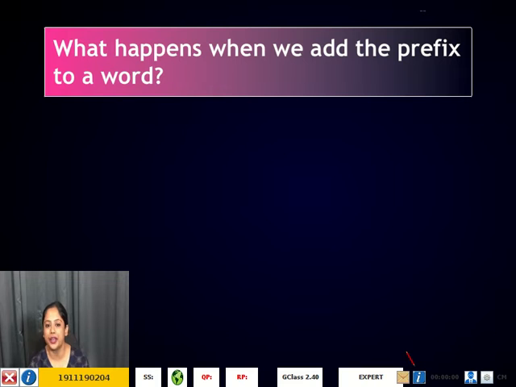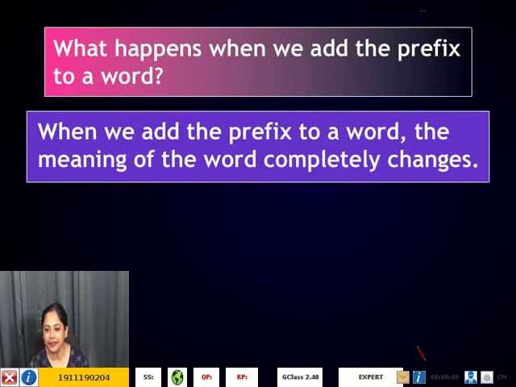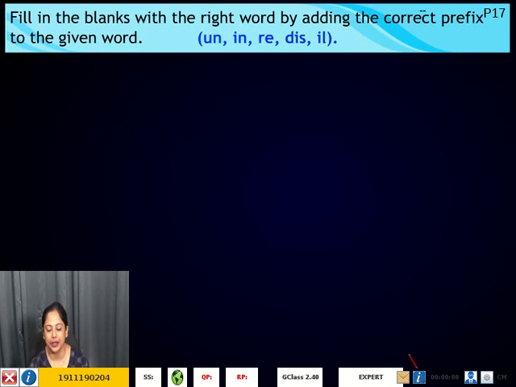What happens when we add the prefix to a word? When we add the prefix to a word, the meaning of the word completely changes. What does the prefix do? It completely changes the meaning of the word.